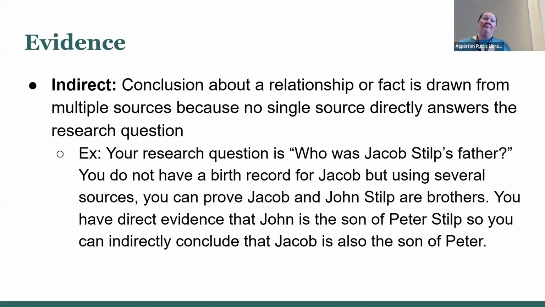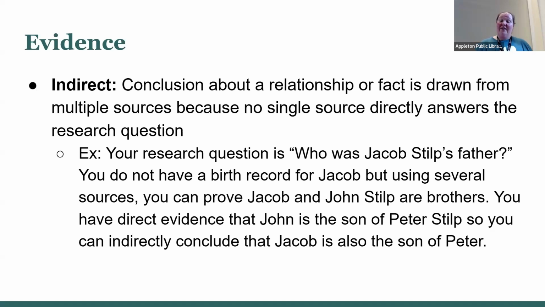Indirect, though, it might be you need to reach that conclusion about a relationship or a fact from multiple sources, because maybe there's no one source that directly answers your research question. So going back to the research question of who was Jacob Stilp's father, unfortunately, I can't find a birth record for Jacob, but what I can do is use several sources to prove that Jacob and John are brothers.